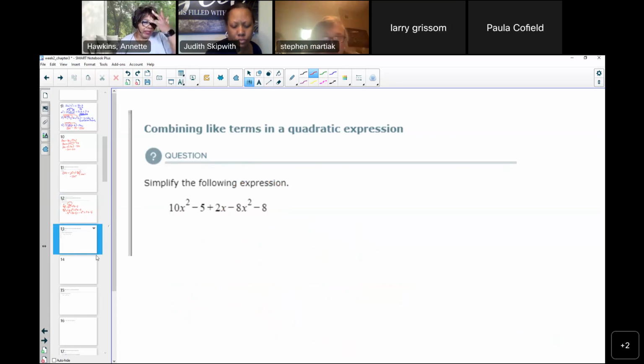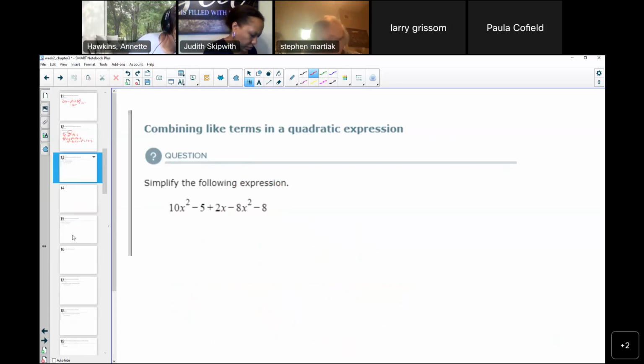All right, try this one, and then we will start solving equations. So go through and underline what you think are the like terms. Use different markings or color or whatever.